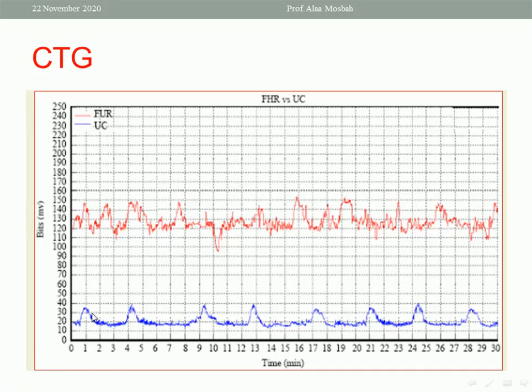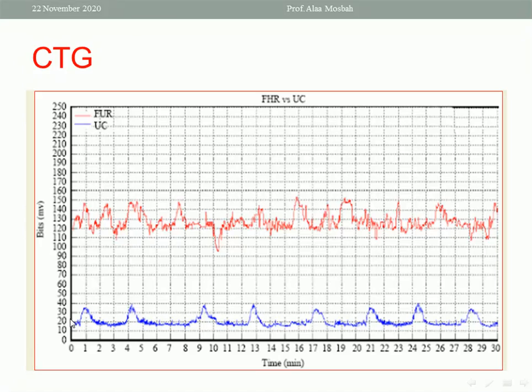This blue signal here represents the uterine contraction. So, during 10 minutes, there are 3 peaks here, so there are 3 uterine contractions. Okay? Usually on the paper you will find the signal representing the uterine contraction down, and the signal representing the fetal heart rate pattern up here.